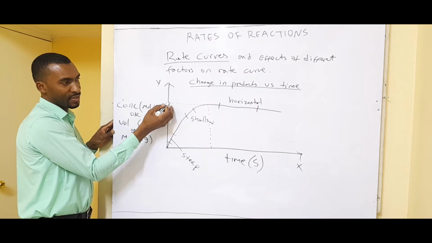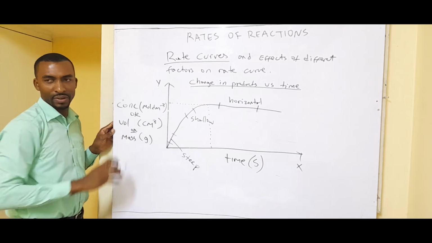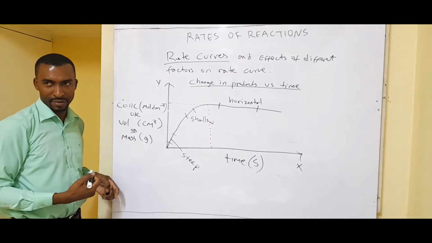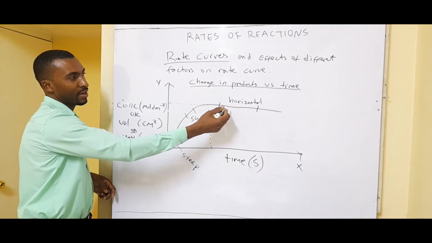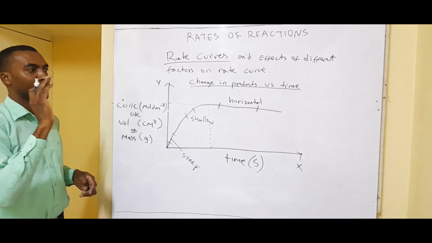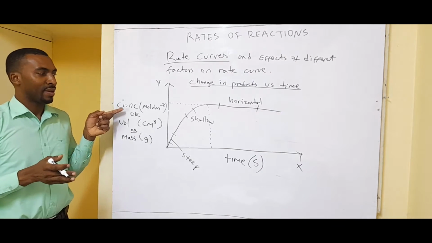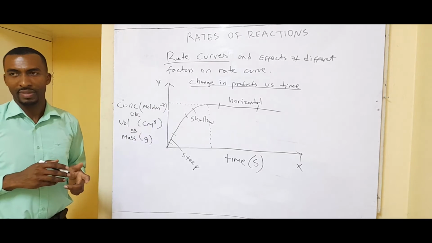Or the final concentration of the product that is produced, or the mass of the product that is produced. Those are the things that we can get from this graph. Alright? But mainly, when we are using this particular graph for the product, it's mainly when gas is being formed, we use the products mainly.